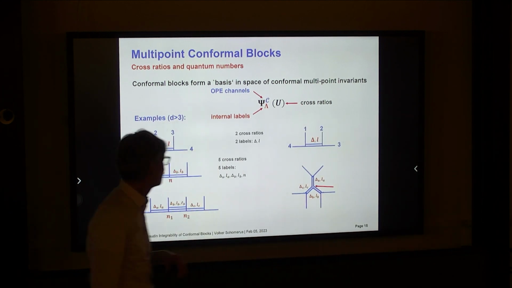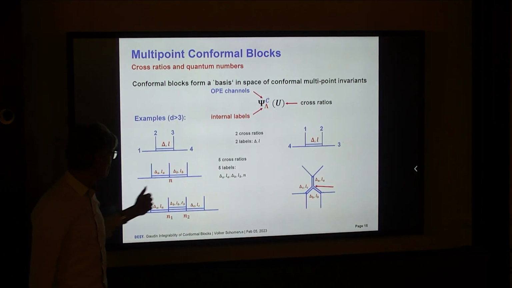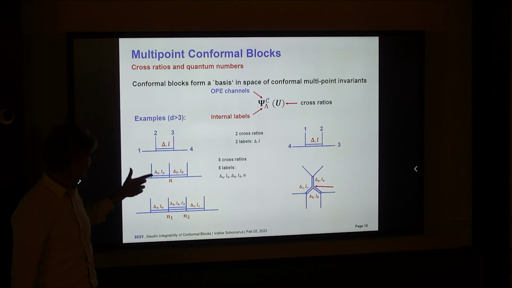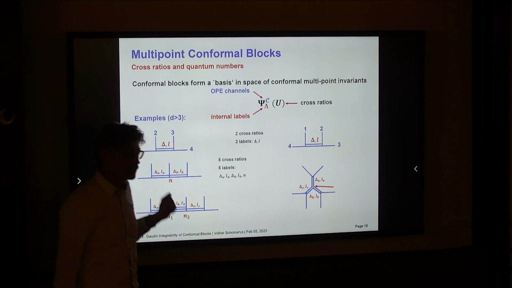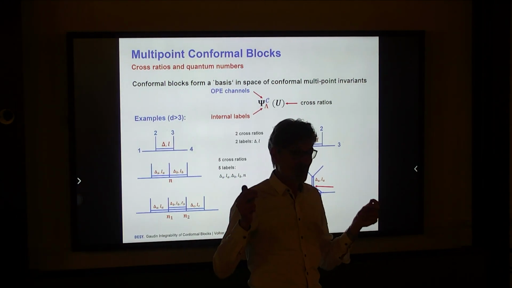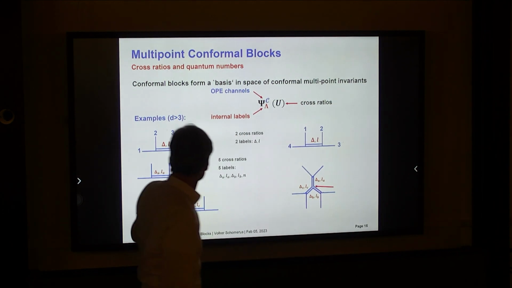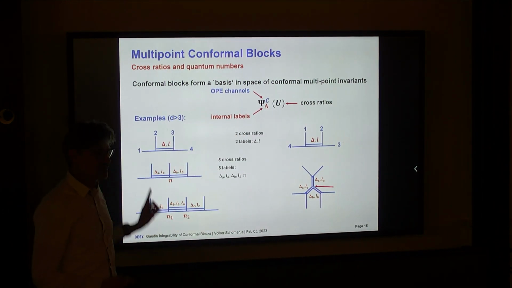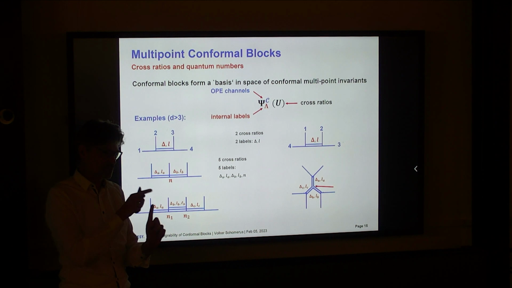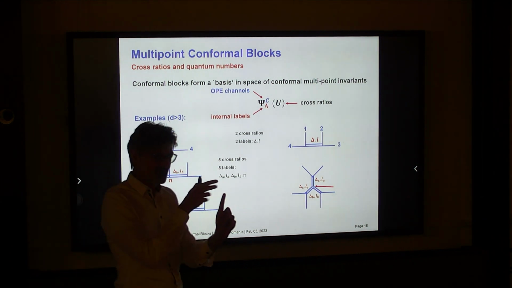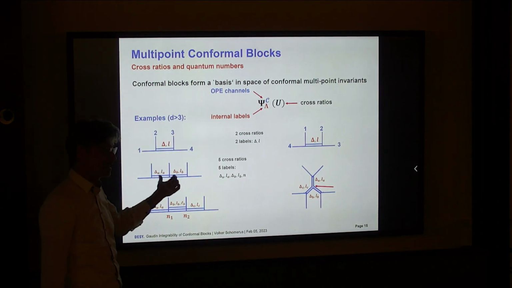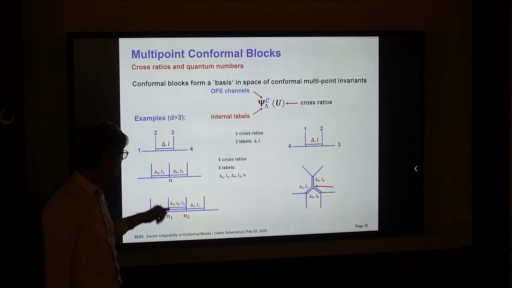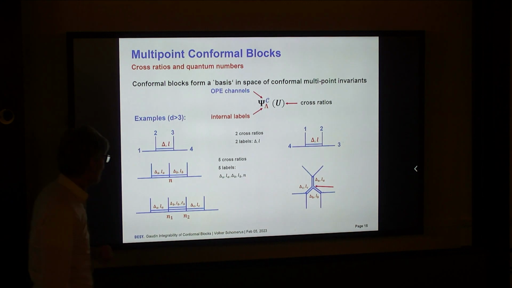So we have five cross ratios, and that exactly matches the number of labels. We have the spin and weight of the exchanged fields, that's 4 labels. And then I told you before that when you have 3-point functions with 2 spinning fields and 1 scalar field, there's 1 extra label attached to it, because there's a finite set of constants that are undetermined. So there are 5 labels here and 5 cross ratios.